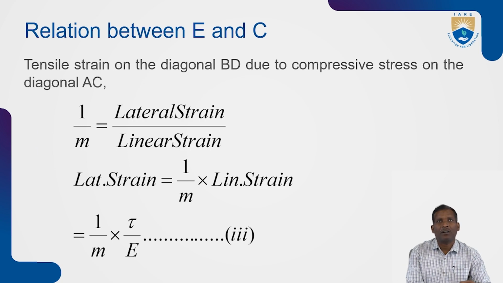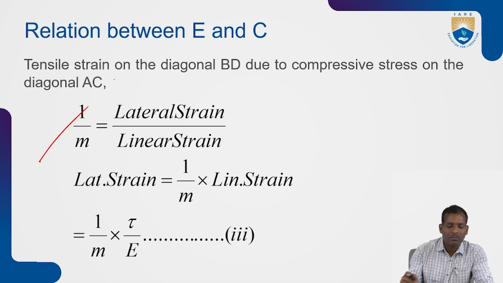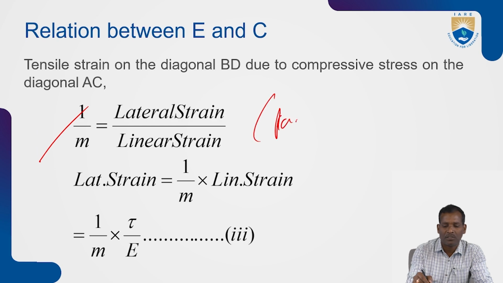Now, the tensile strain on the diagonal BD due to compressive stress on the diagonal AC. So, you know the Poisson's ratio, 1 by m, is equal to lateral strain by linear strain.